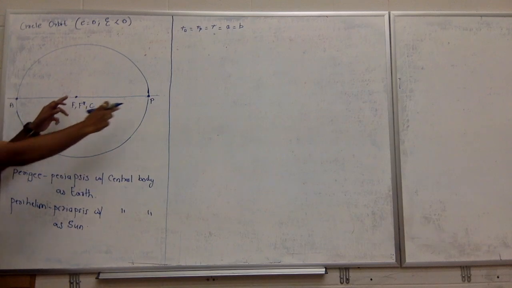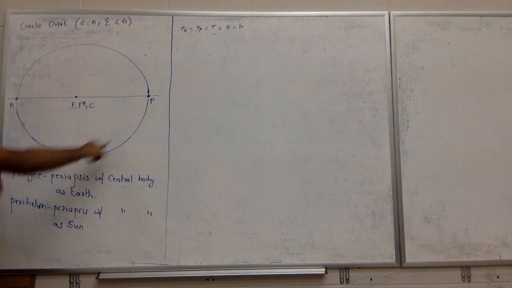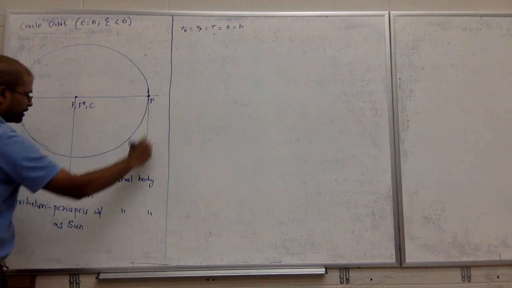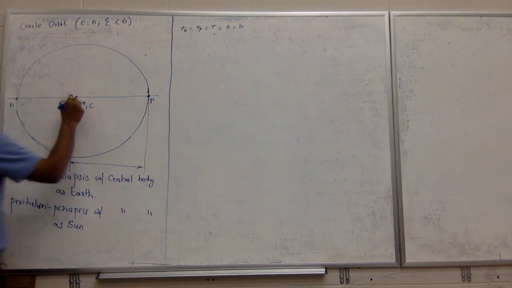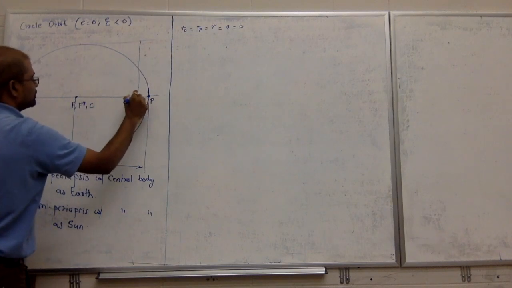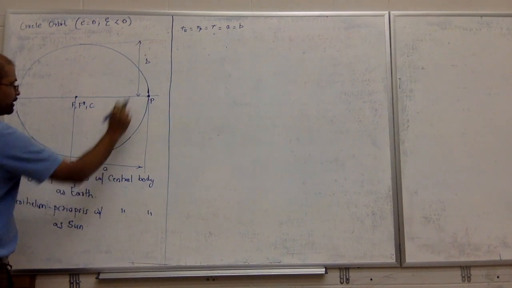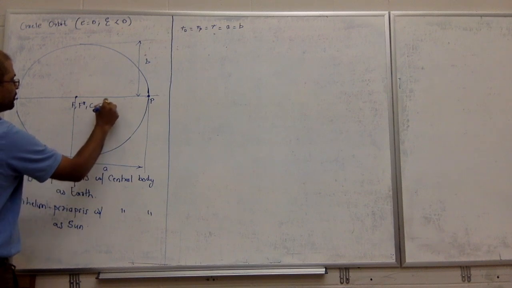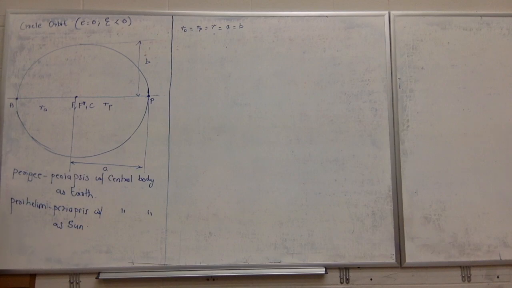This is RA, right? This is RP. All this is R. What is A? You can say this is A, right? And you typically know that this is B. So for a circle, this is RA, this is RP, this is RA. Okay? All these are the same. You understand? Right.